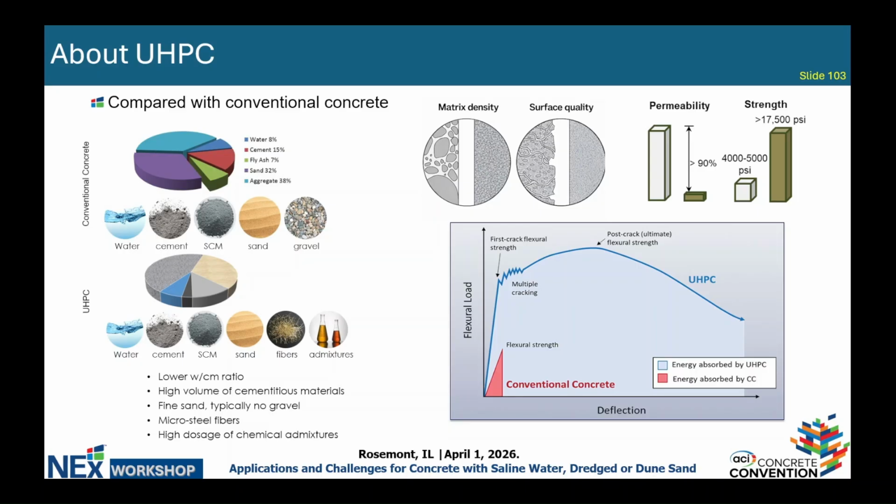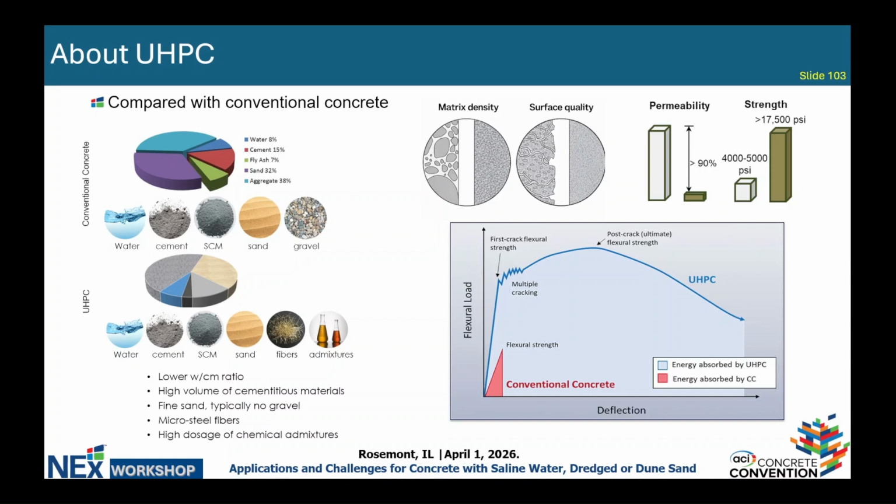It uses micro steel fiber, and some studies use synthetic fiber as well. To maintain the desired fresh properties at such a low water to cementitious material level, typically they use high dosages of chemical admixture, for example, superplasticizer. So the difference in the material level results in different properties.